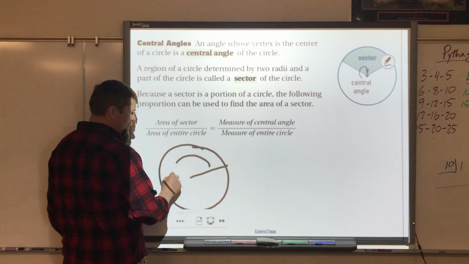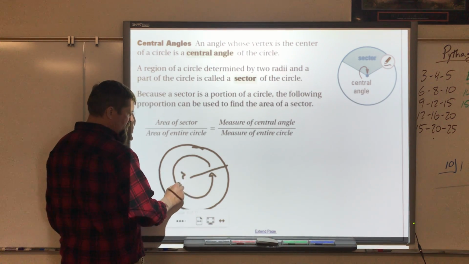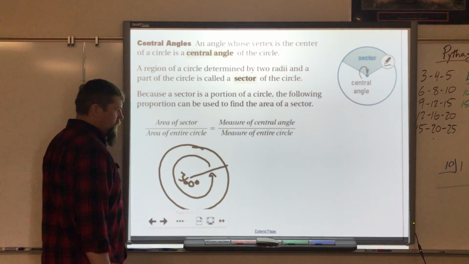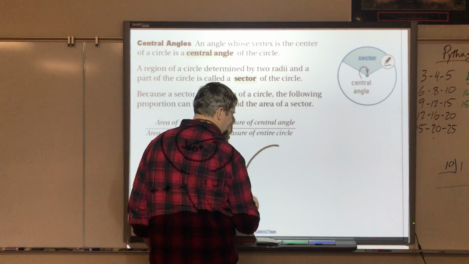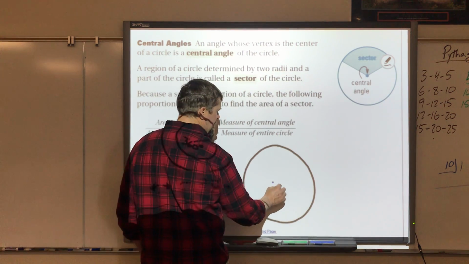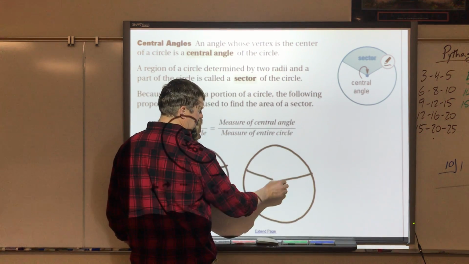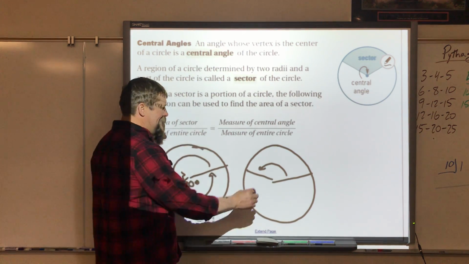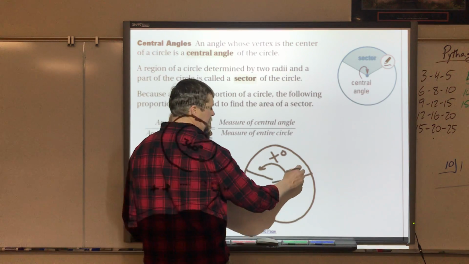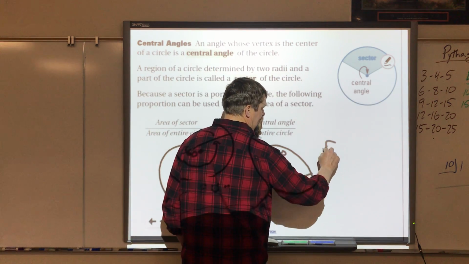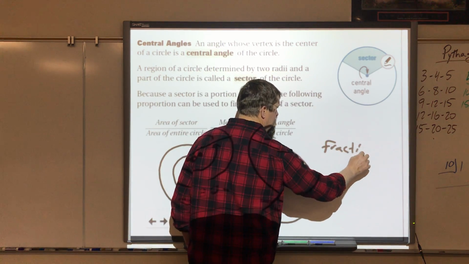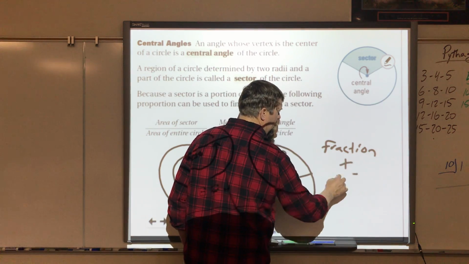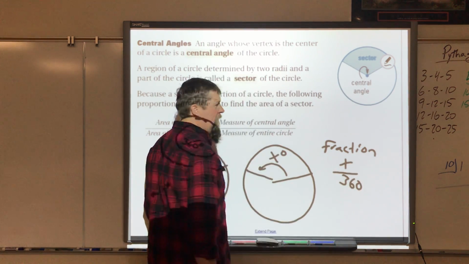So if I rotated this all the way around, it's 360 degrees. If I rotated just part way, let's say I rotated this to here, then the fraction is x out of 360.